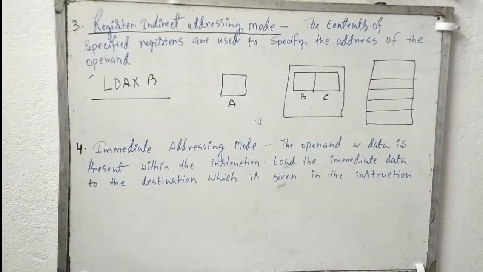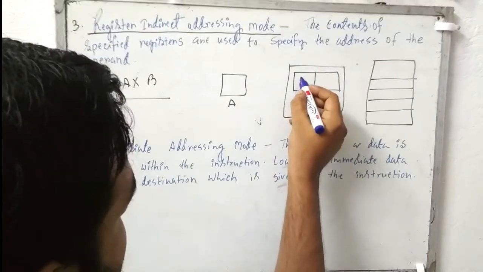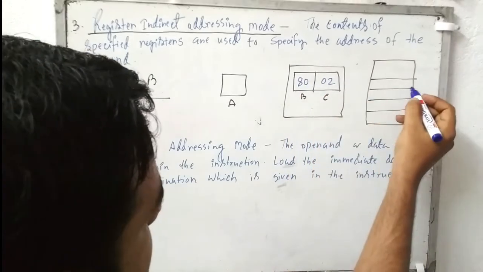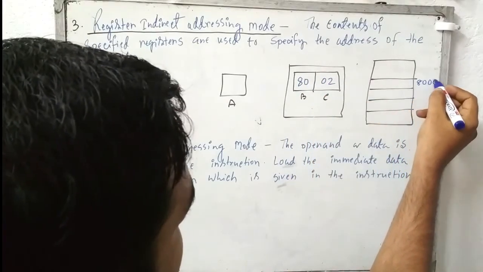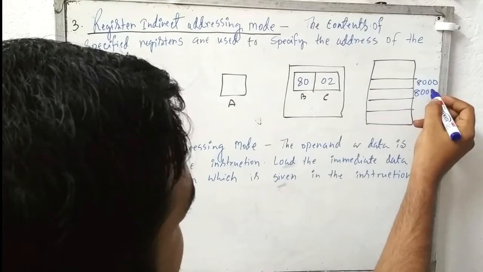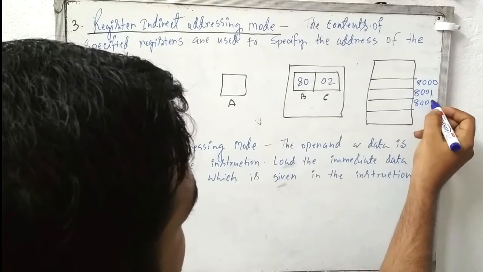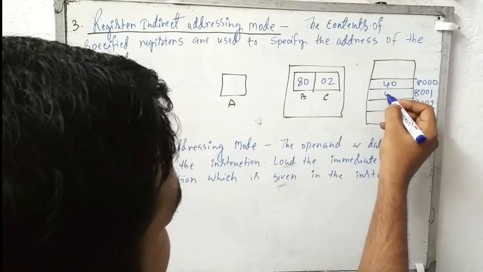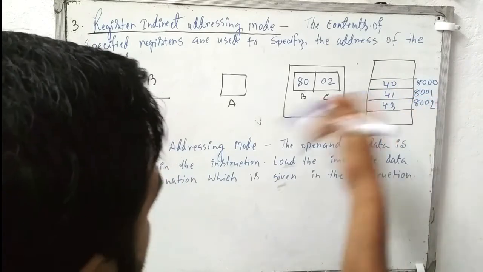Let's take an address 8002, and there is the address 8001. At 8002 it's 40. The data has been stored here: 40, 41, 43, in that way.